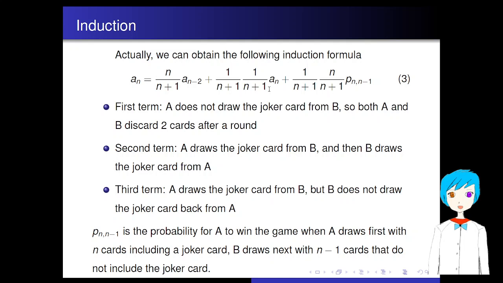So the first term stands for the situation when A does not draw the joker card from B, so both A and B discard 2 cards after a round.